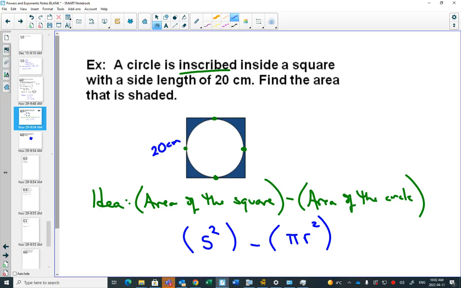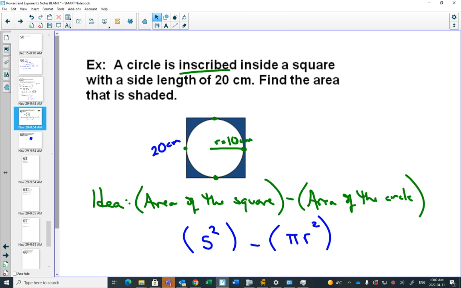Do you know what the R stands for in the area of a circle? It is the radius. How long is the radius? 10. Because it's 20 all the way across, the radius would be 10 centimeters.